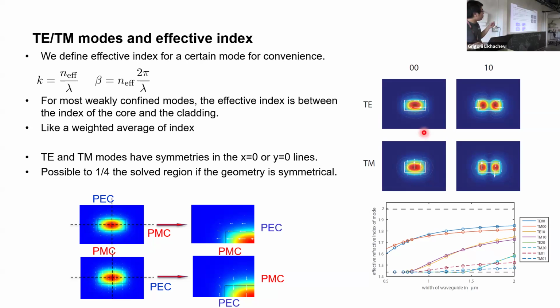So if you have a TE mode, you can imagine most of the magnetic field is oscillating vertical to the horizontal plane.